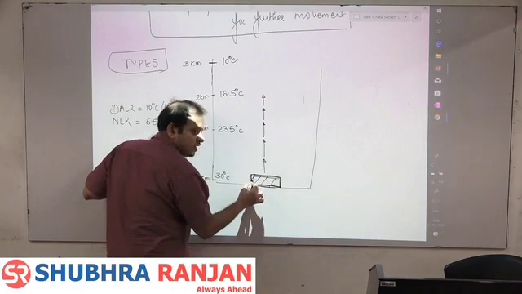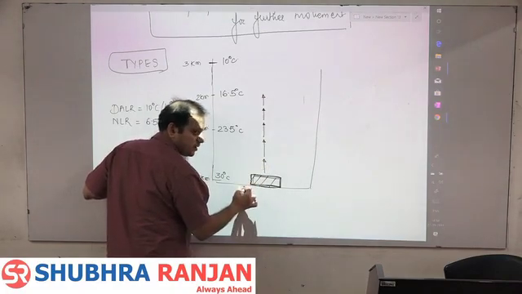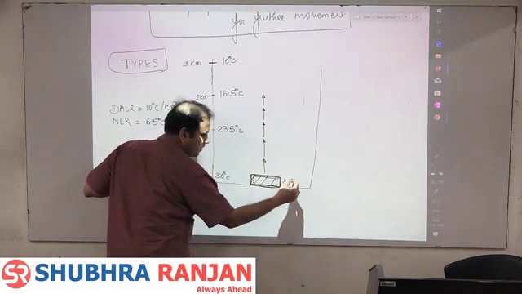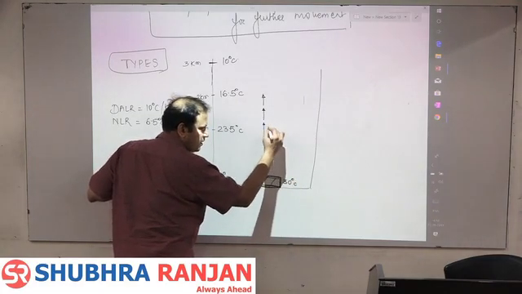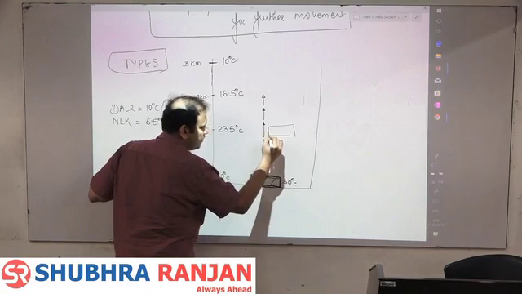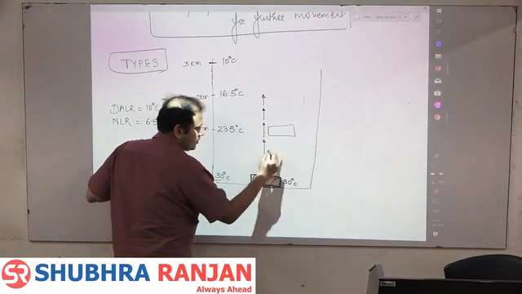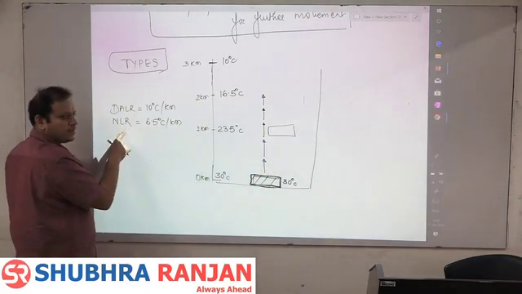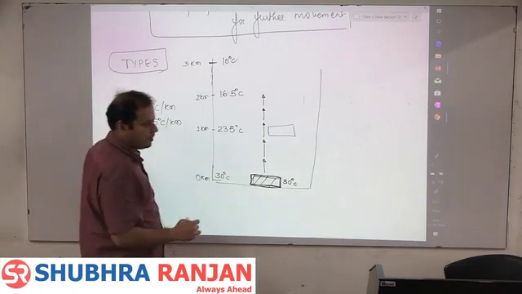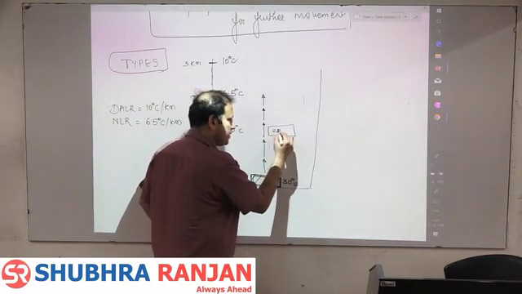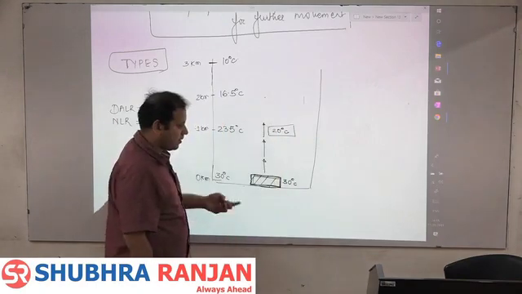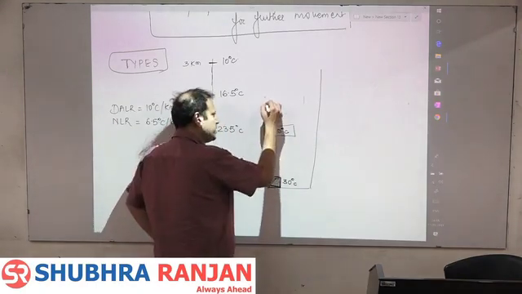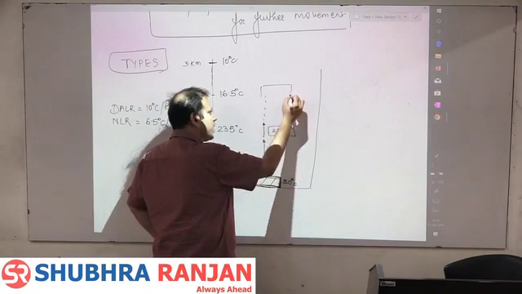So parcel of air near the ground will have the temperature which is of the ground, 30 degrees Celsius. When it will come to this height, यहाँ पे the temperature of the parcel of air will be, what is the dry adiabatic lapse rate? 10 degrees Celsius. What will be the temperature? 20 degrees Celsius. उसके ऊपर वो जाएगा नहीं. But चलो we'll take the condition कि even if it rises up here, वो आके यहाँ पे रुक जाता है.